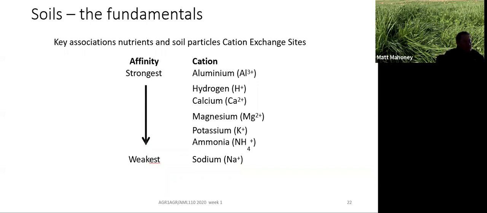So there are some associations here with nutrients and soil particles on exchange sites. Aluminium is an important one, and so is sodium. There are some implications there. On acidic soils, we'll often find that aluminium is quite prevalent, and so we need to increase our pH to try and change the chemistry of the aluminium and lock it up so it's not so readily available and not toxic to plants.